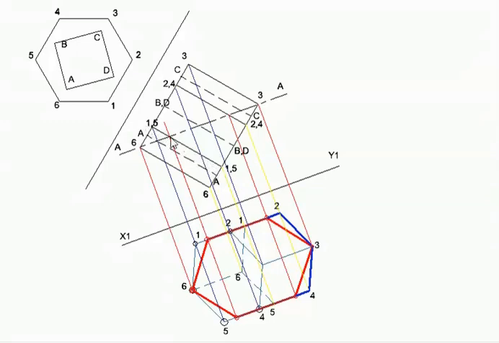So I've projected that onto line 1, and onto line 5, which is that line there. Onto line 1 and 5, it gives me those two intersecting points.